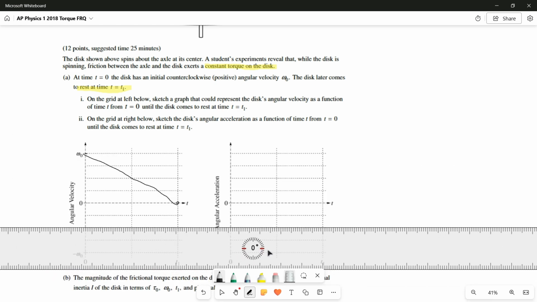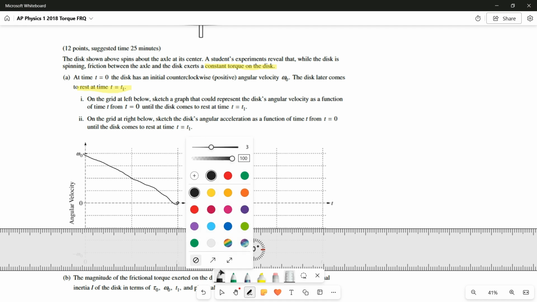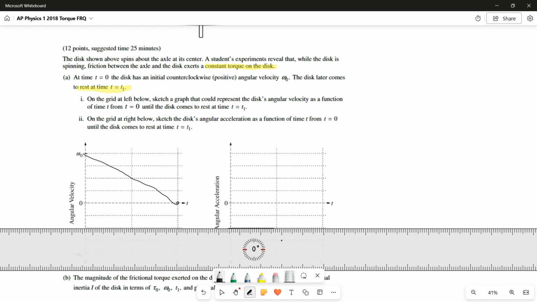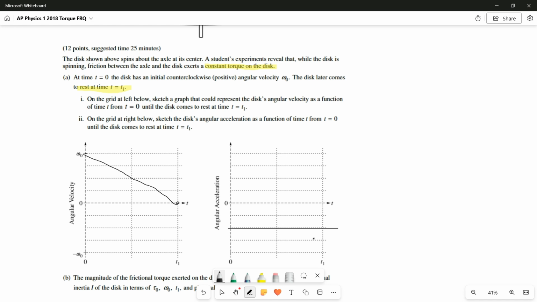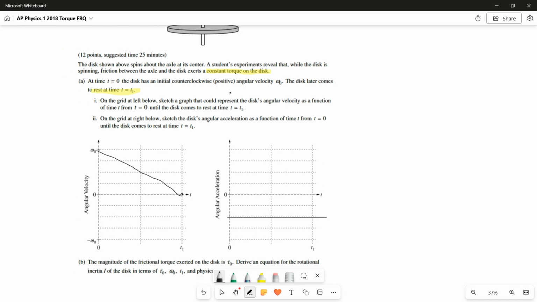So all we really need to do is draw a straight line right across here. Normally, some other problems might actually ask you to label what this value might be, but to play it safe, since we know that the slope is 2 down and 1 across, we'll say an angular acceleration of -2 units. Okay, so that was part A.